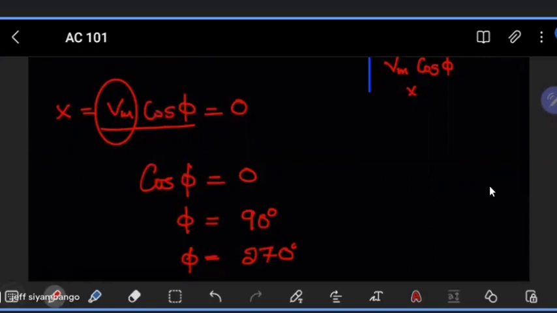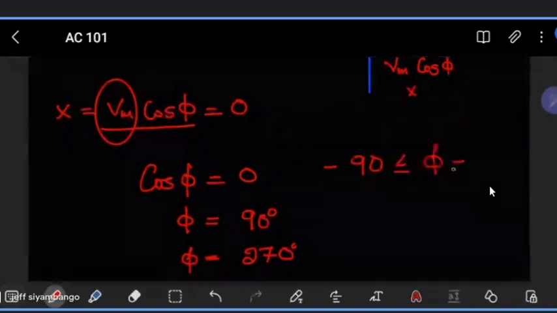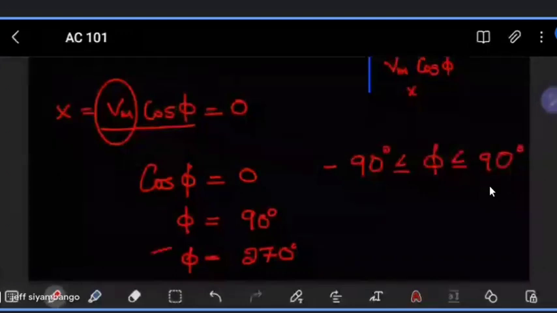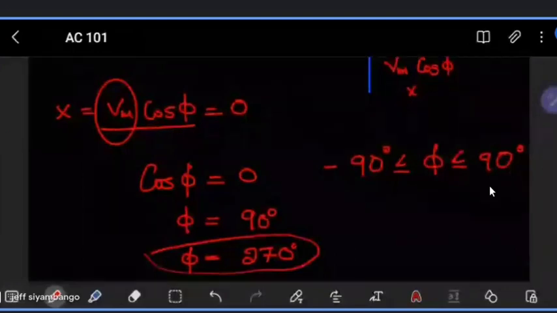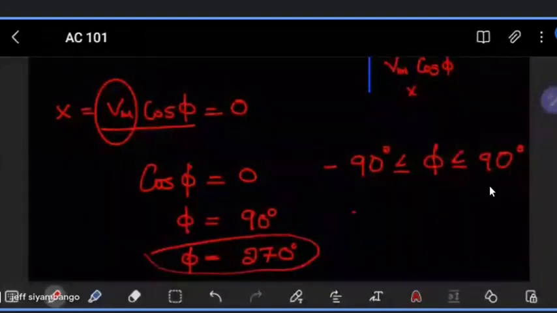If the range is said to be from negative 90 less than or equal to phi, less than or equal to positive 90, you have to see that it excludes phi from ever being positive 270, meaning that the two possible solutions where cos is 0 now become 90 and minus 90.